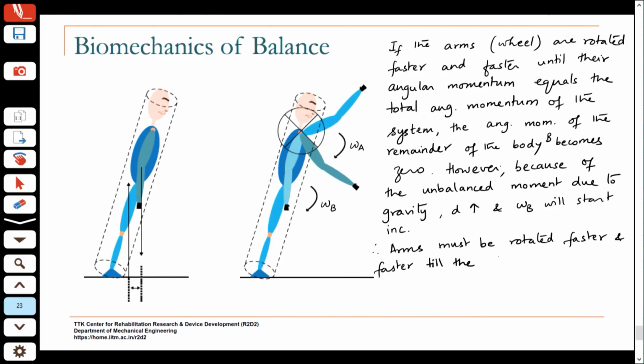Till the rate of increase of their angular momentum will either equal or exceed the rate of increase of the body's angular momentum.